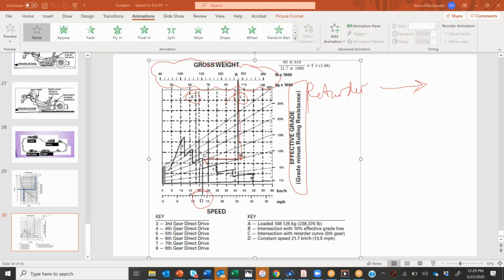In other words, this is assuming you're going downgrade. You always set it up so that if you're going downgrade, the vehicle will move using almost no fuel. It'll be at an idle type speed at 13.5 miles an hour. And so using the retarder is the most efficient way of using things.